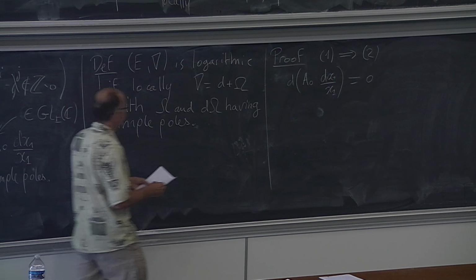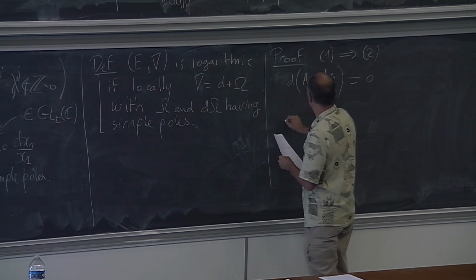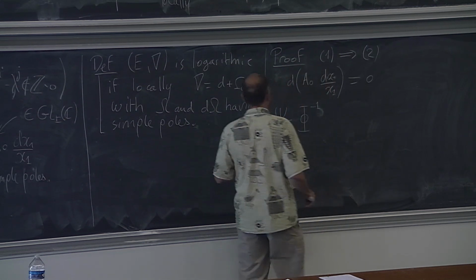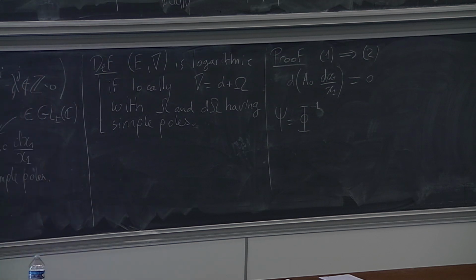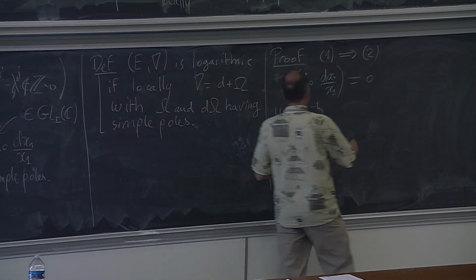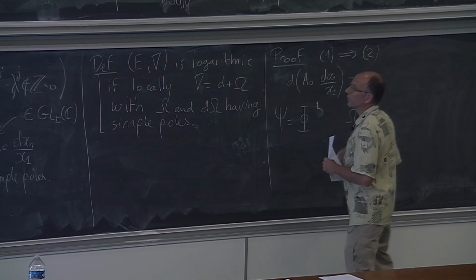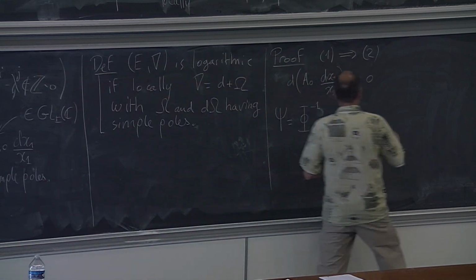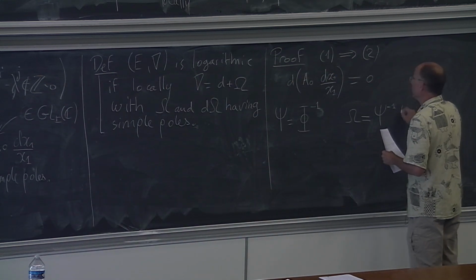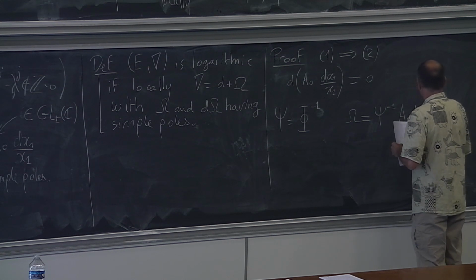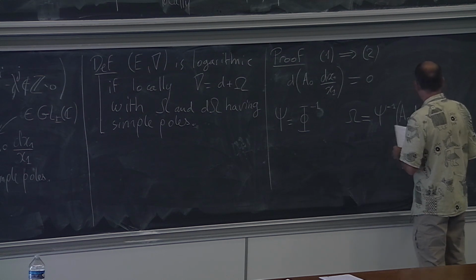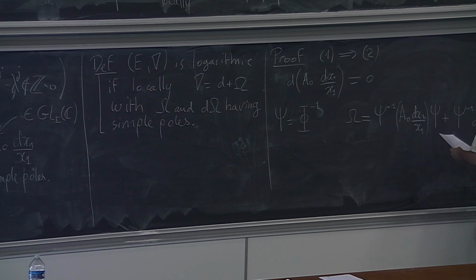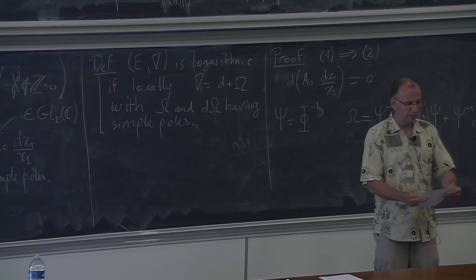So before normalization, if you set psi equal to phi minus 1, then omega, the initial matrix connection before normalization, is given by psi minus 1 A0 dx1 over x1 psi plus psi minus 1 d psi.